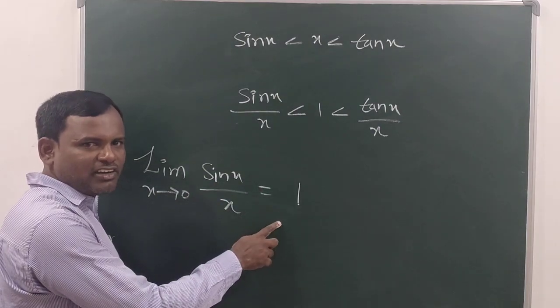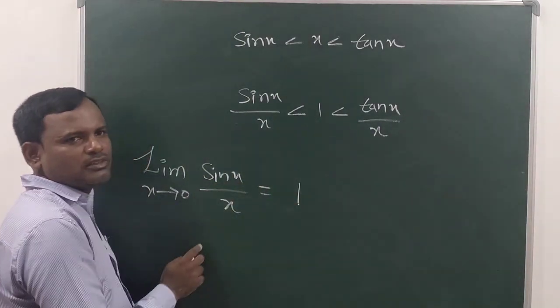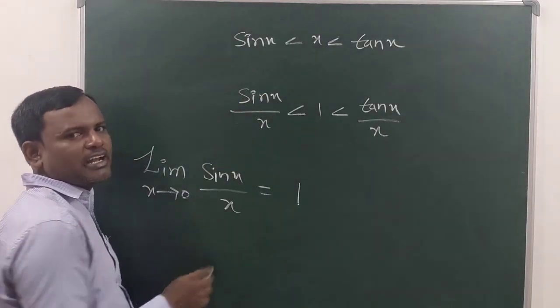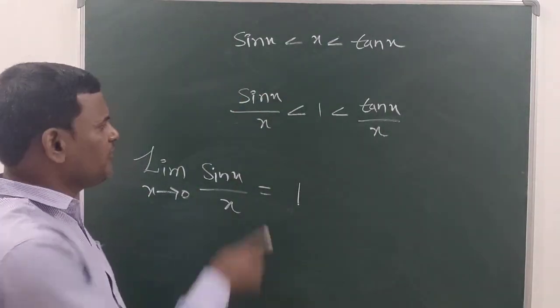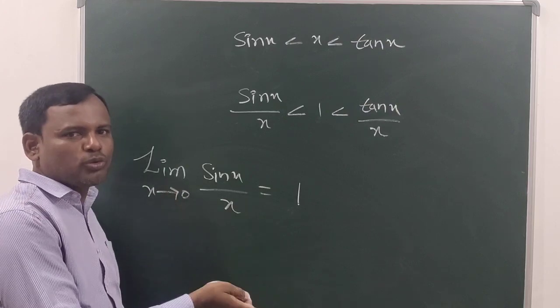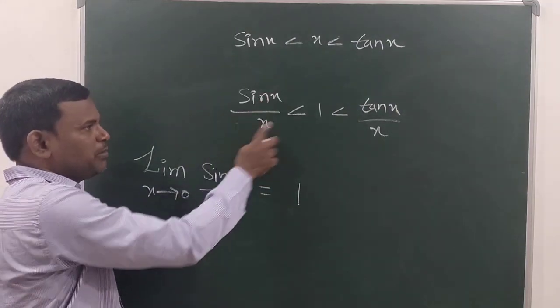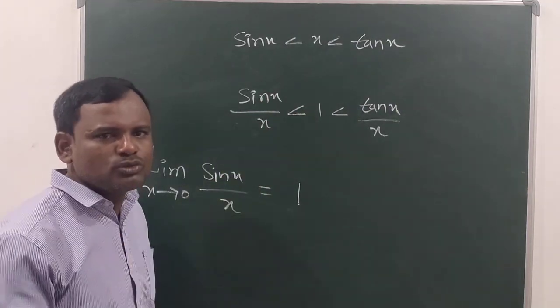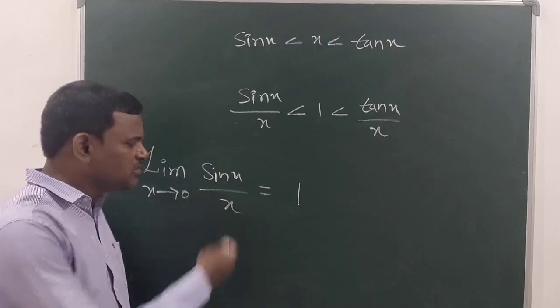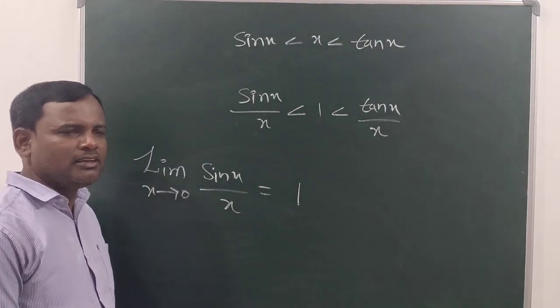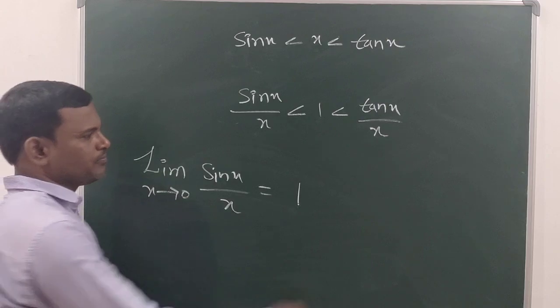Is it exactly 1? No, very close to 1. If x belongs to any value from 0 to 90, sin x by x is very close to 1 from the left side of 1, almost 0.999, but usually we write 1.